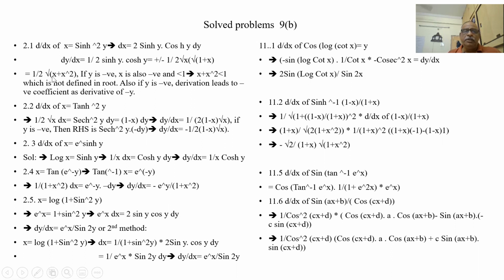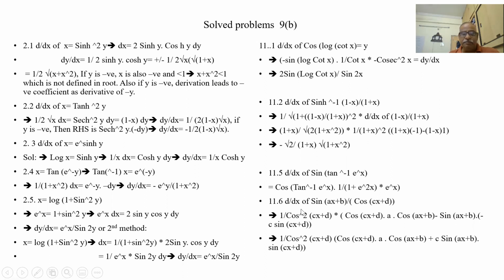So 1 by 2 square root of, if I take x inside, x into x plus x square. If y is positive, y is negative, x is negative. So this value is between plus or minus 1. Okay.